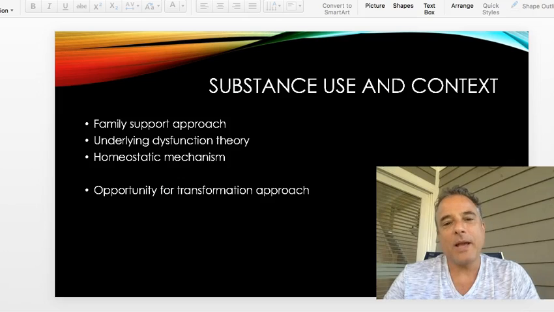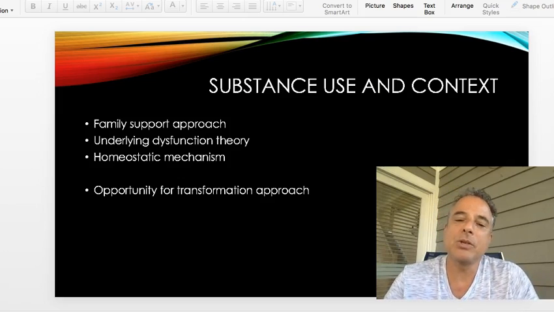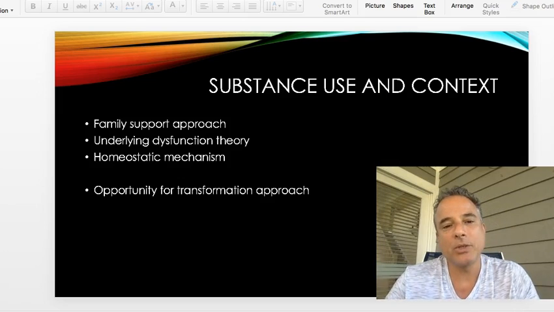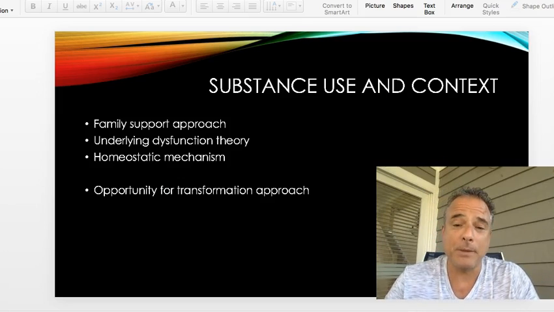And then finally, we've got the perspective that substance use is an opportunity for transformation, not only for individuals, but for family systems. And from this perspective, we're really looking at the symptom as if it is an opportunity rather than a problem.